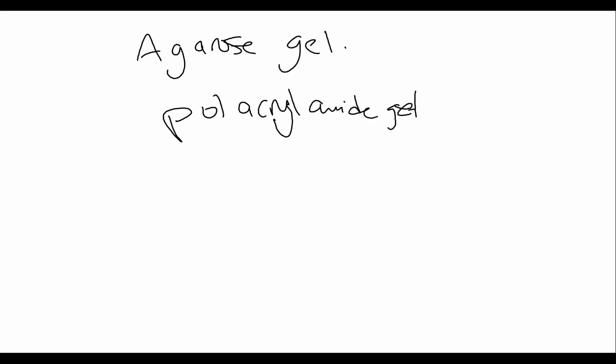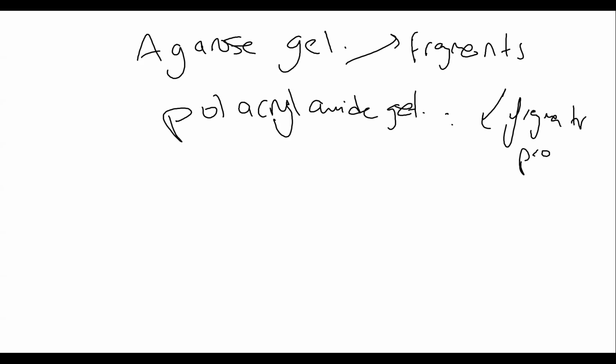Agarose is for big fragments like DNA, nucleic acids, and polyacrylamide gel is for small fragments like protein. This is called the gel electrophoresis.